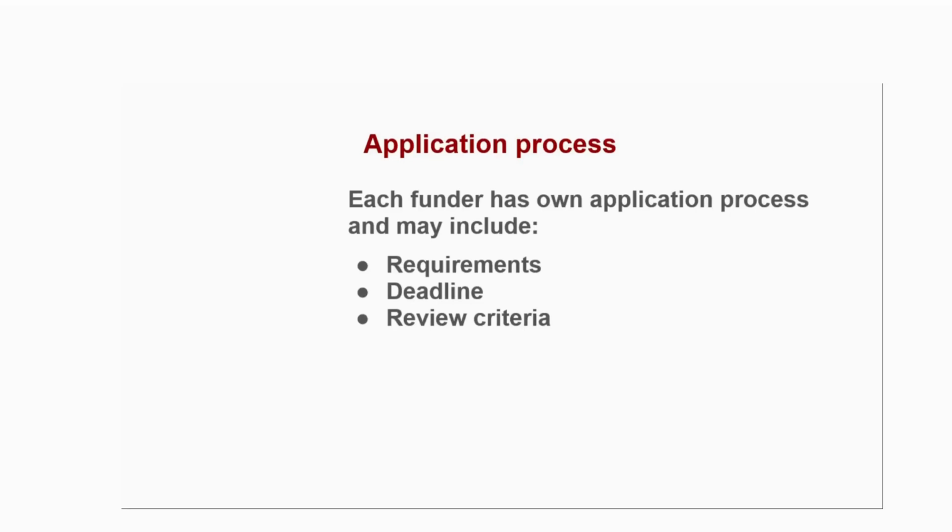Then we also have the review criteria, which is another important aspect when you are applying for grants. Usually a grant will be reviewed by a review committee, and they have a certain criteria they look at when they are reviewing the proposals from the number of applicants.